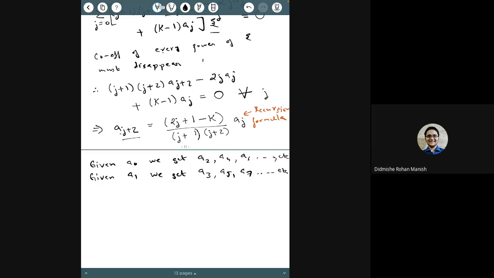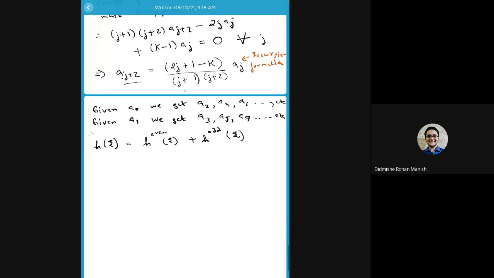So I can write the power series H psi as a sum of two series. One goes over even powers of psi and the other goes over the odd powers of psi. So I can split them up into two.